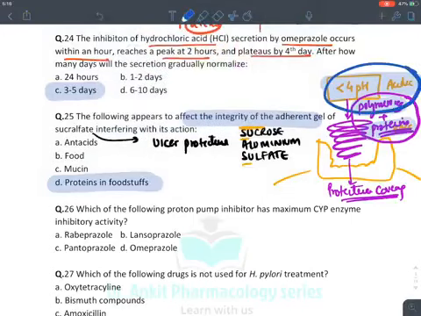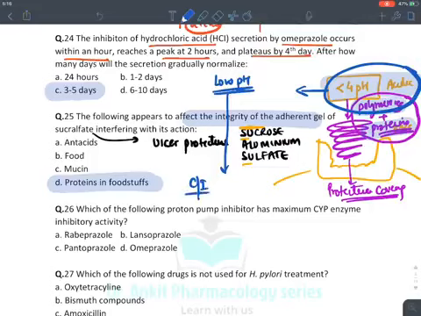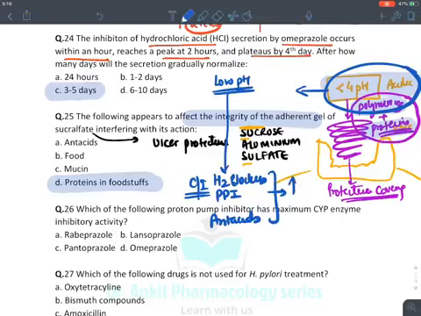But the important point is sucralfate requires low pH to polymerize. Hence, sucralfate should not be given with H2 blockers, proton pump inhibitors and antacids, because all these drugs tend to increase pH.